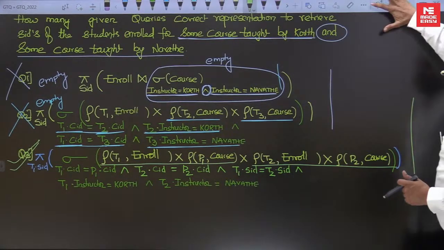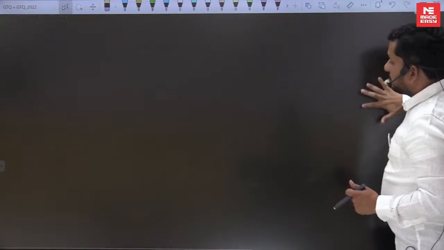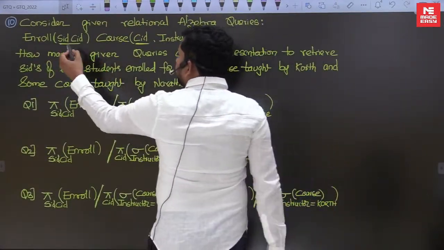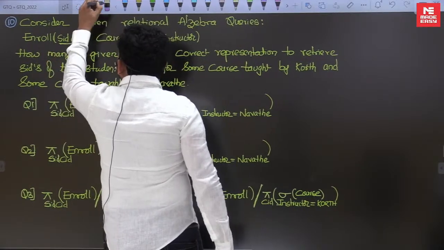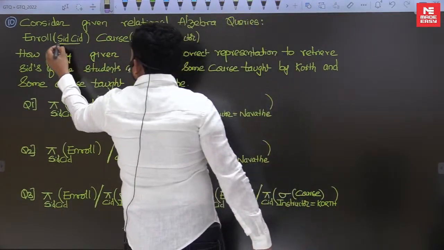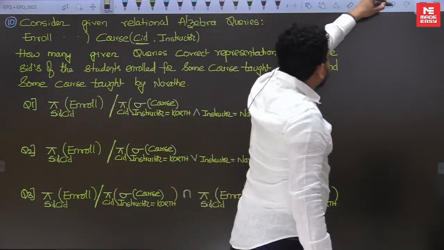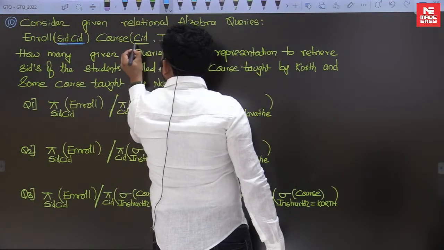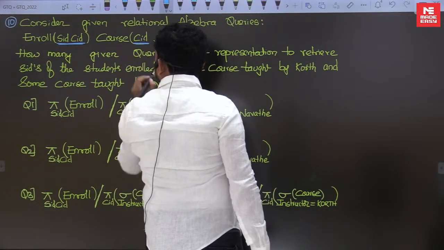So next, one more interesting question. The enroll relation has SID and course ID, and in the course relation, course ID is the primary key.